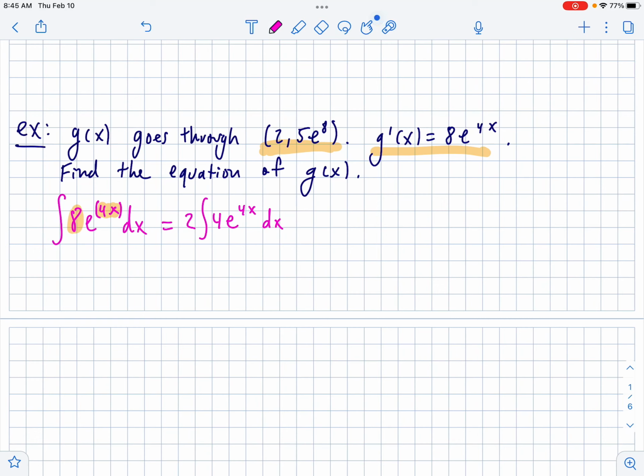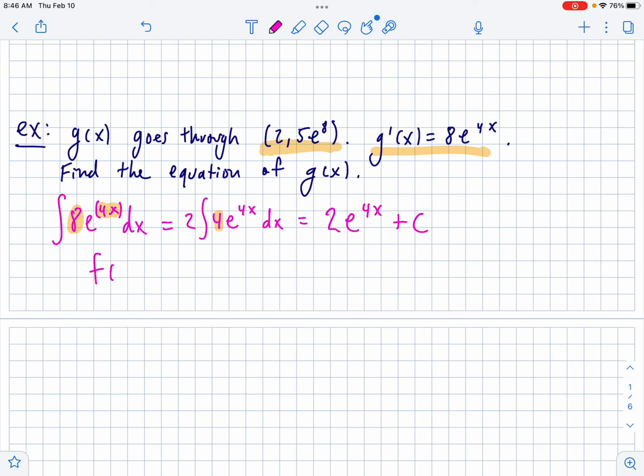So then when you integrate, this 4 is the derivative of the inside, so you can do that backwards chain rule and say this is 2e to the 4x plus c.